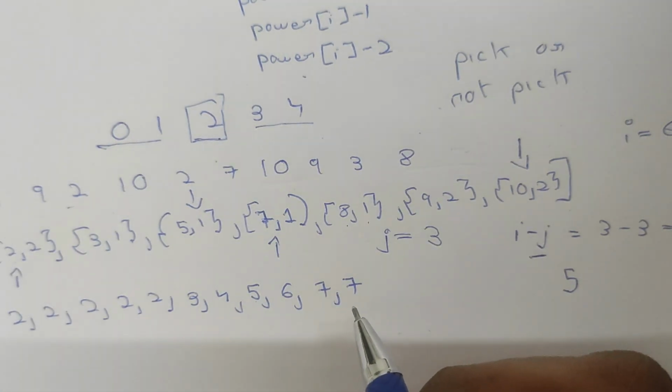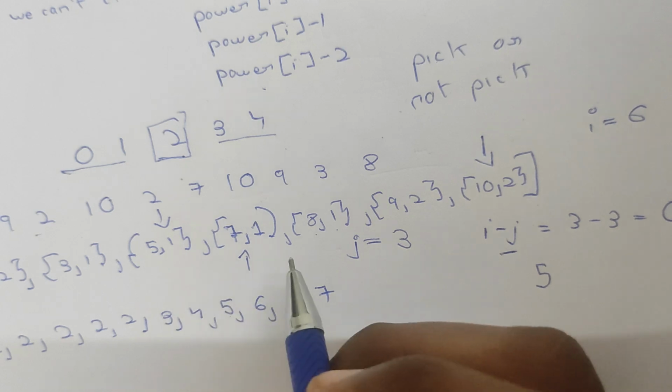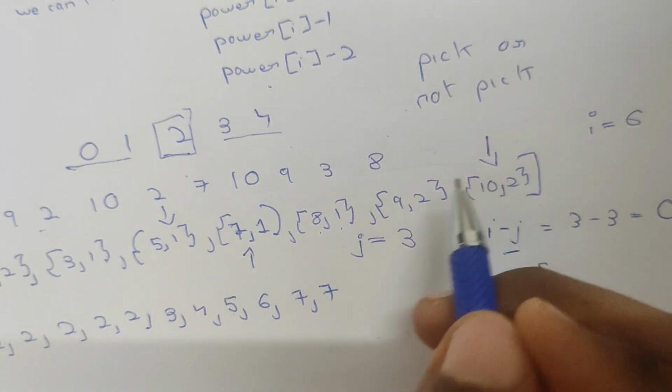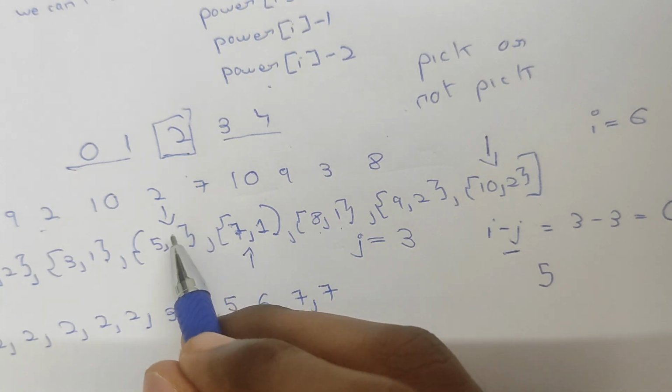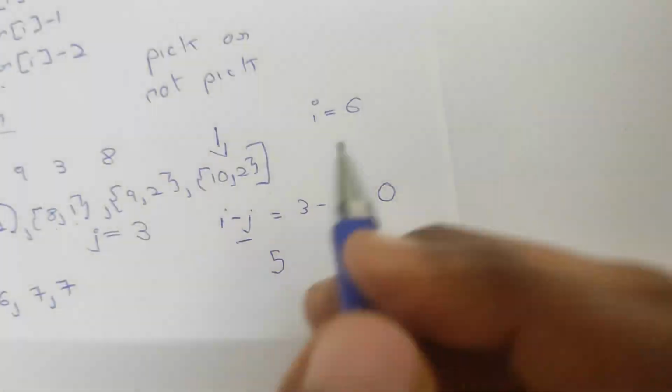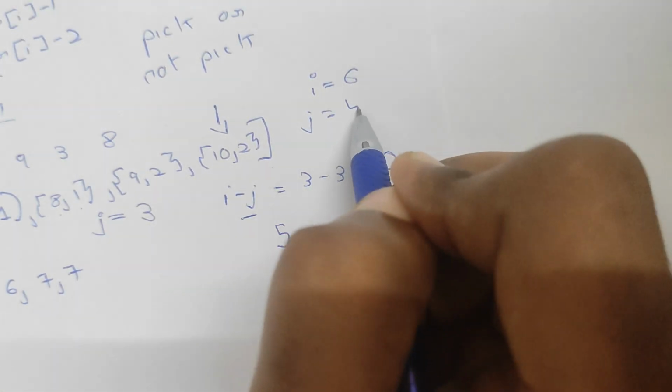The distance between the current index and the previously chosen index is 1, 2, 3, 4, so j is equal to 4.